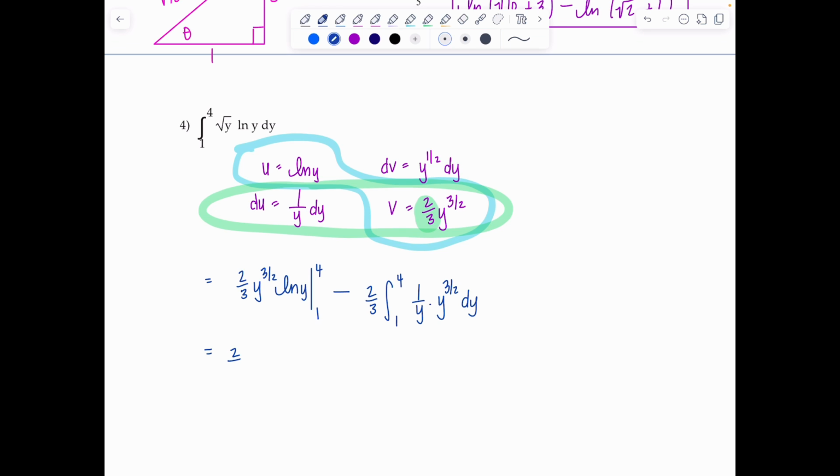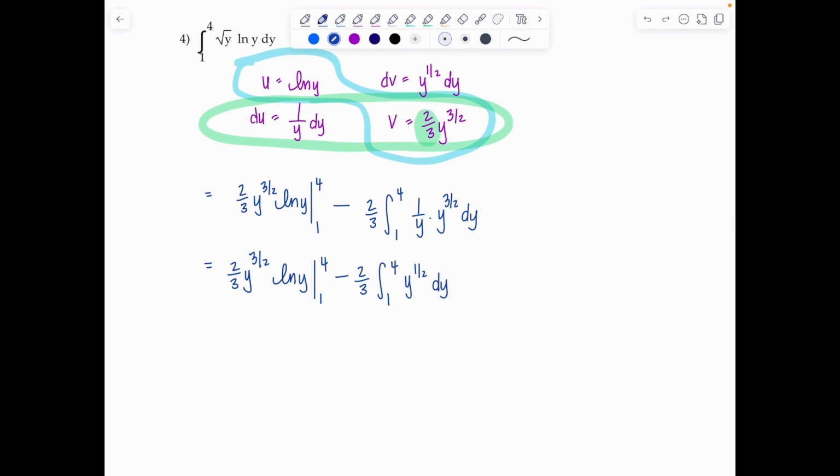Okay, perfect. So 2/3 y to the 3/2 ln of y from 1 to 4 minus 2/3 integral 1 to 4. No, you don't need to do integration by parts again. You can just simplify this. y to the 3/2 divided by y to the 1st is y to the 1/2. Okay, so now we have 2/3 y to the 3/2 ln y.